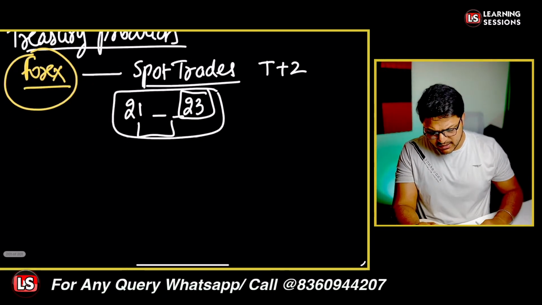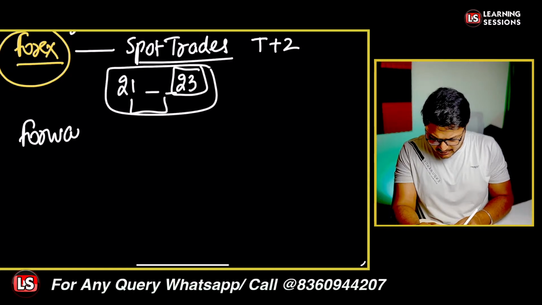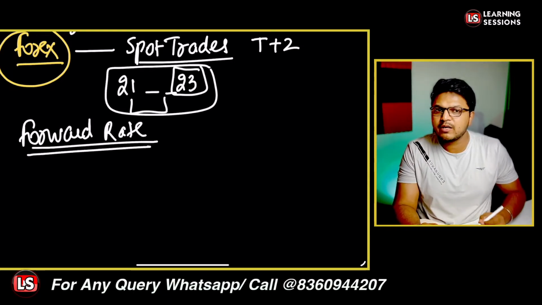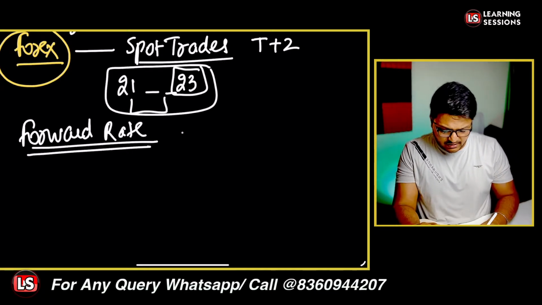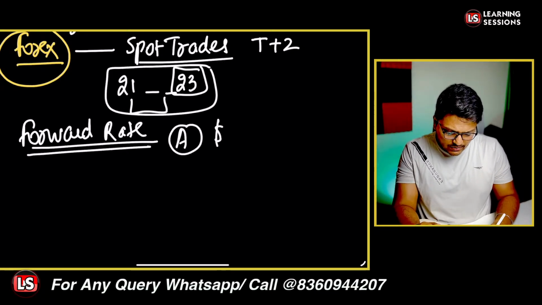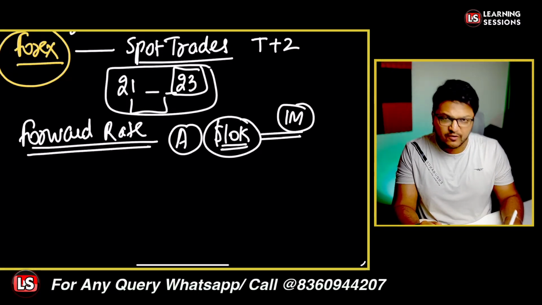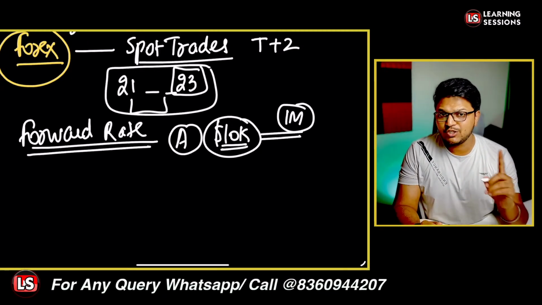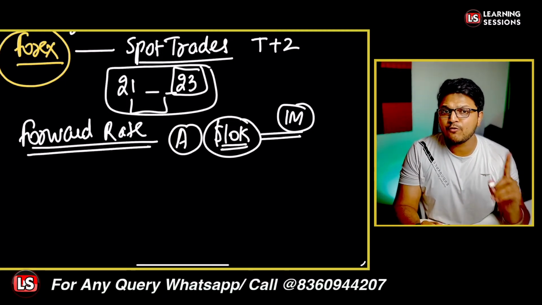And also there is the forward trade, the forward rate in the foreign exchange market. What do you mean by forward rate? Let's take the case where person A wants to buy USD 10,000 one month from now. The rate will be determined based upon forward rates.